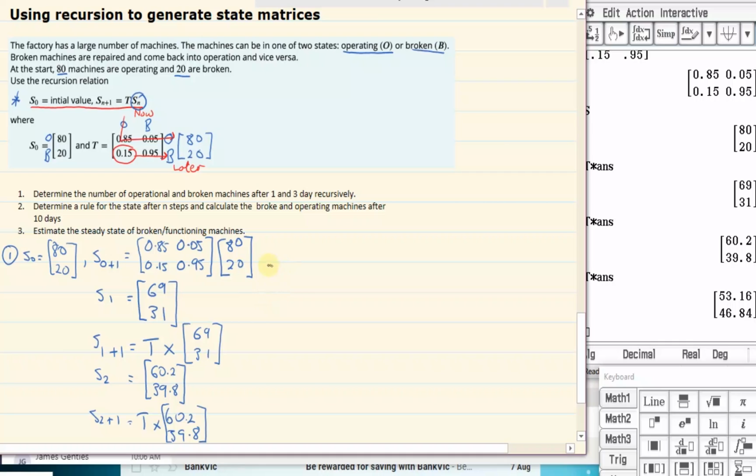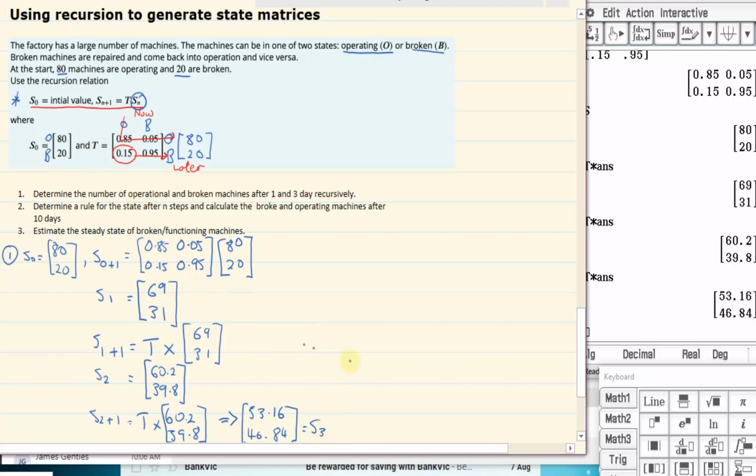So after that, S2 becomes 53.16 and 46.84. So that's S3.